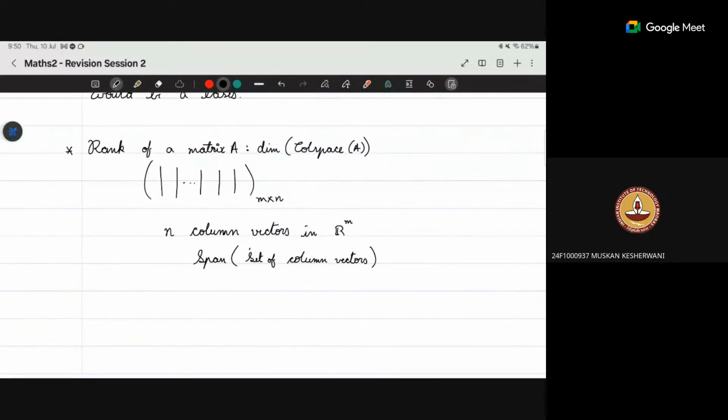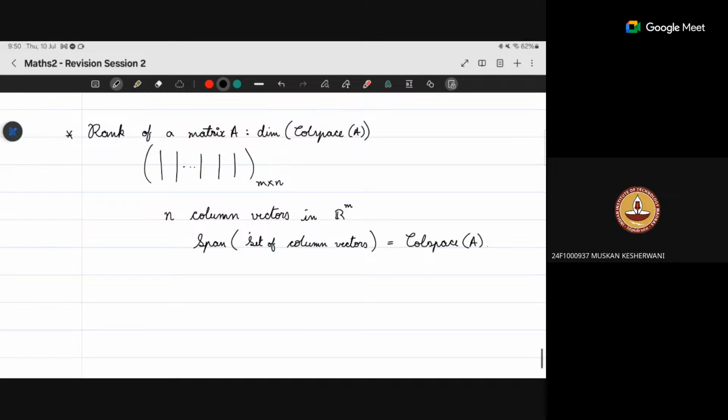That could have a basis of size n or less, right? So the span of the set of column vectors is called the column space. The space spanned by the column vectors is the column space. And the dimension of the column space is what we call the rank of the matrix.